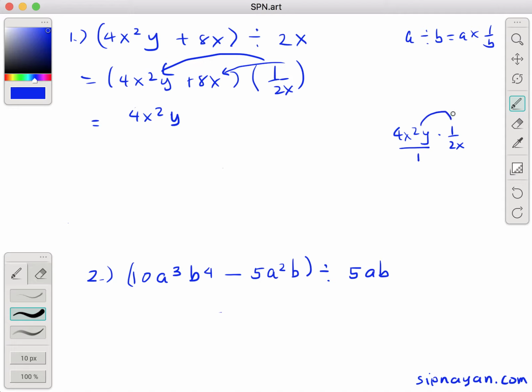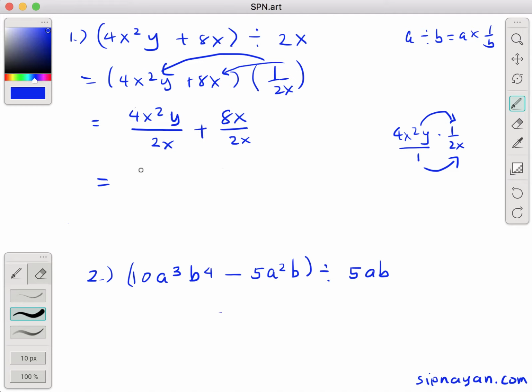So if we multiply this, tsaka this, magiging 4x squared y yung product ng numerator, tsaka 2x yung product ng denominator. Plus 8x over 2x. Ganun din dito, 8x times 1, tapos may over 1 tayo dito. And then, 2x times 1, maging 8x over 2x. So, this is just a division of monomials na to, di ba?